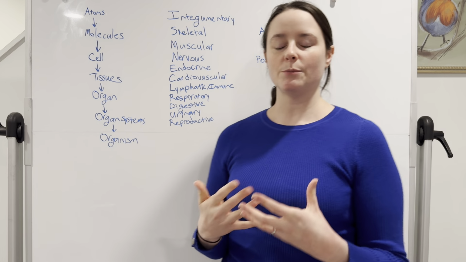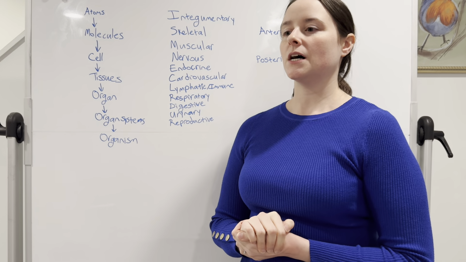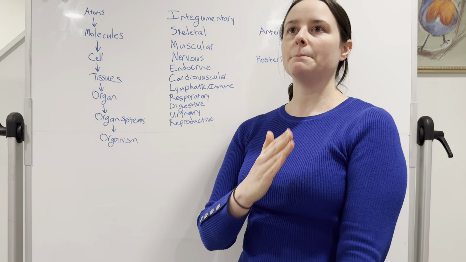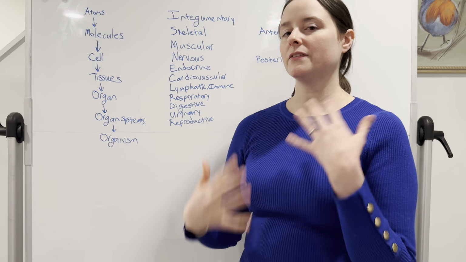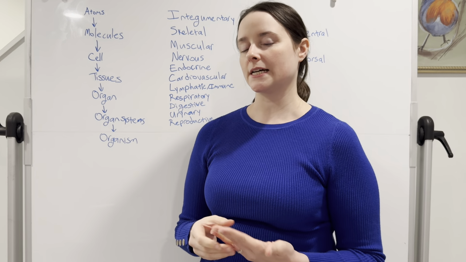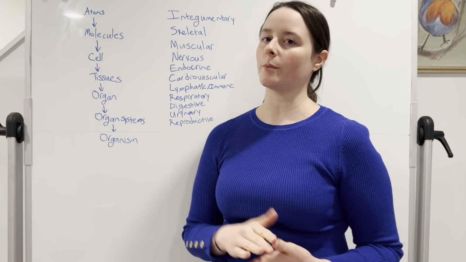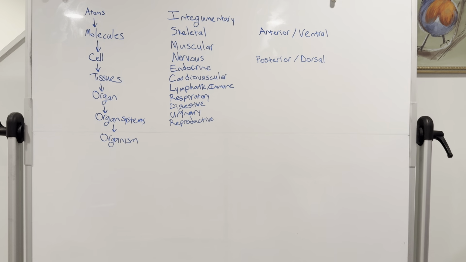Anytime you hear this word, you're going to hear it again when we talk about muscles. Oblique means anything diagonal. So any other cut that doesn't fit into those first three types would be an oblique cut, like cutting diagonally anywhere on the body.